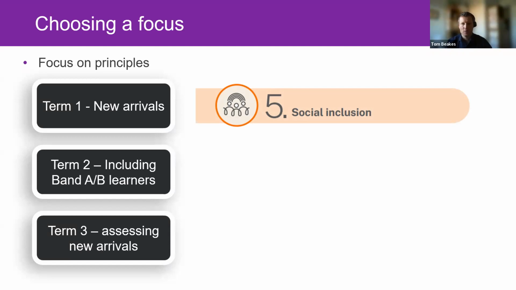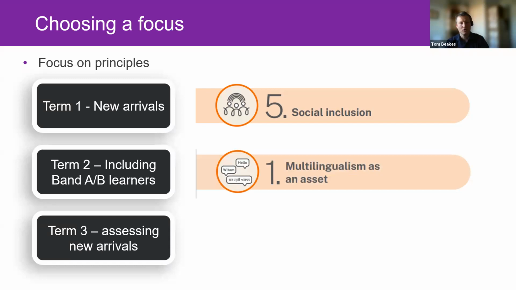Perhaps in the following term, you notice that some teachers are insisting on things like English only in the classroom, and that's having a really negative impact on the band A and B learners in your school, so the lower proficiency learners. Perhaps they aren't being appropriately included in mainstream lessons. So you choose to focus on the multilingualism as an asset principle as a way of addressing that.